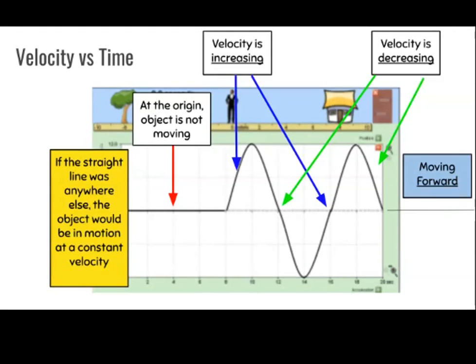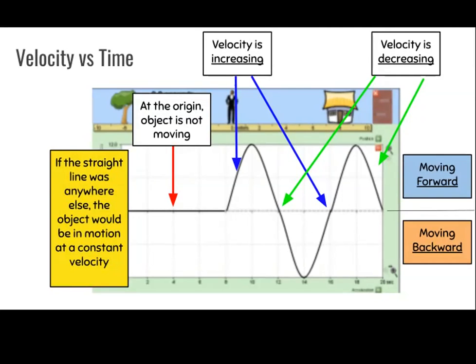Then if it goes below the origin, drops down here, now it's moving backwards. Now this guy turned around, started slowing down, going backwards, and then sped up going backwards. And then right here, he turned around and went forward again. So right here, the origin separates whether the object is going forward or backward for that one there. Okay.